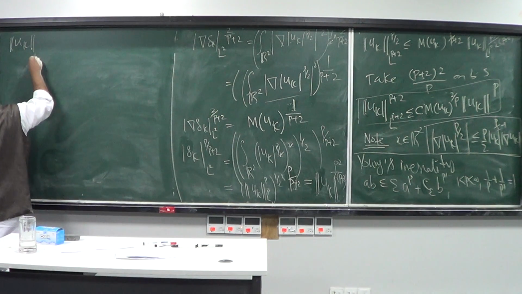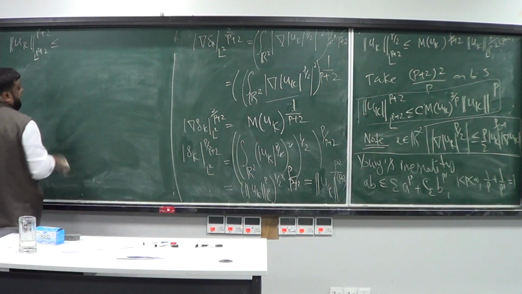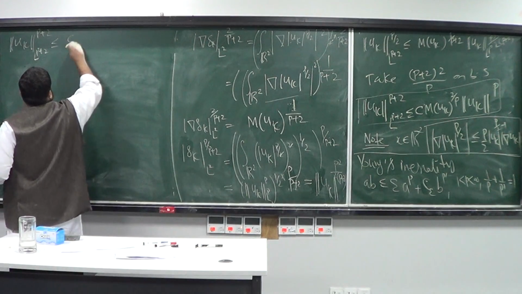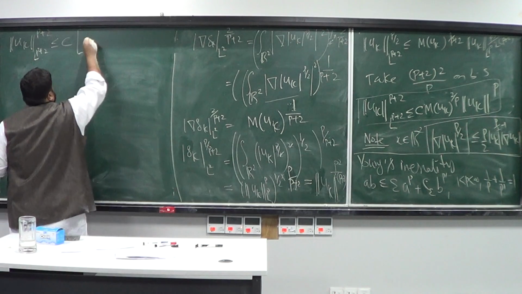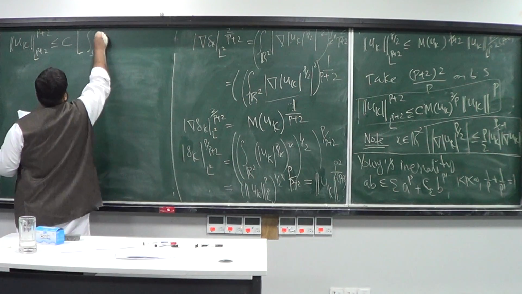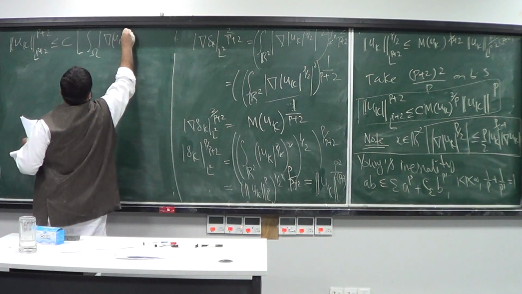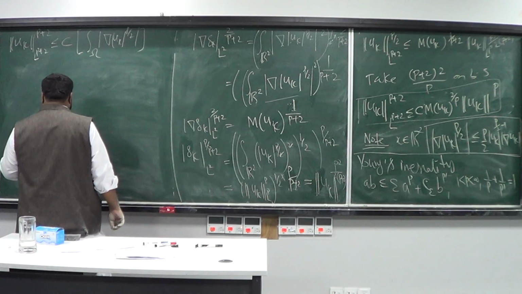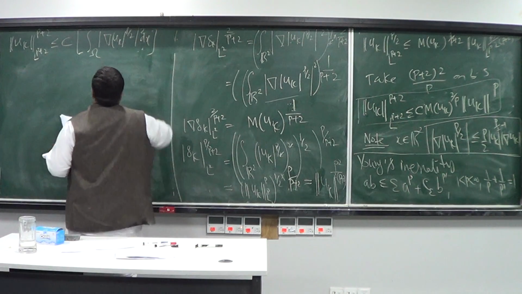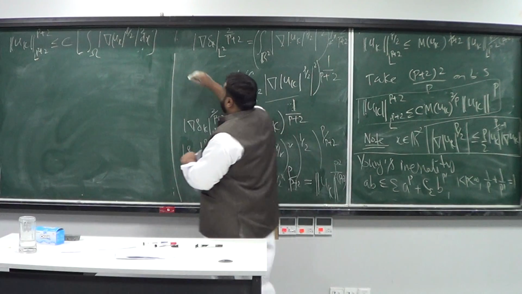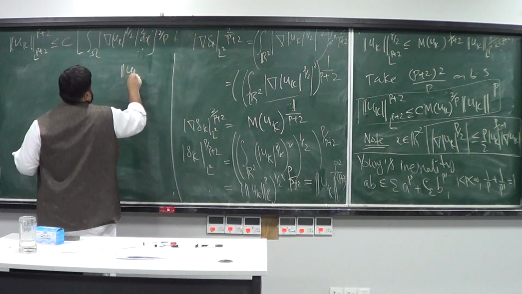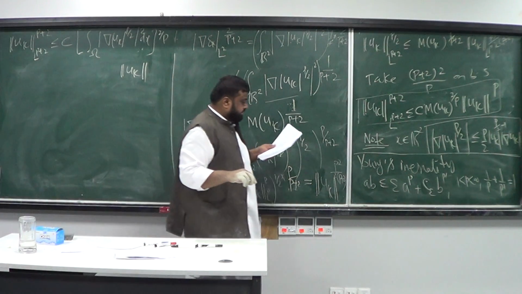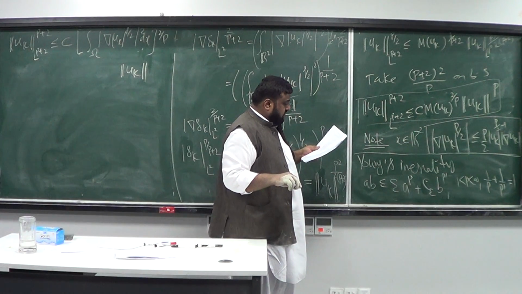So the L^{p+2} norm of u_k to the power p plus 2 is less than or equal to C_p of m(u_k), and if you remember, the value of m(u_k) is the integral of the gradient of u_k^{p/2} squared dx, raised to the power 2 over p, times the second term as it is, the L^p norm of u_k raised to p.